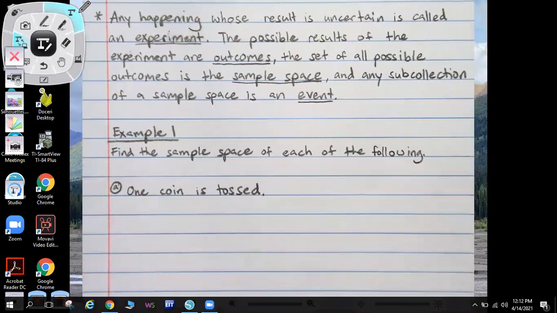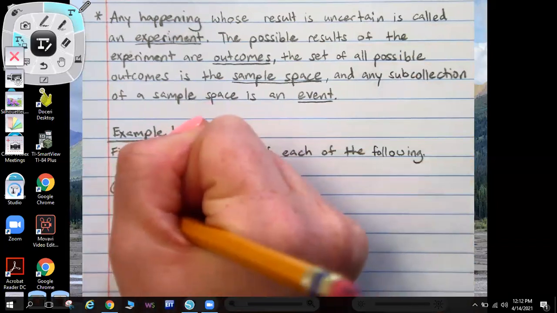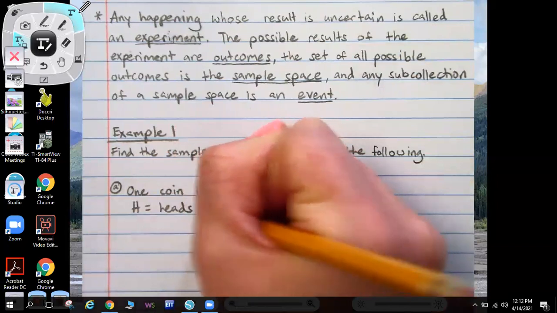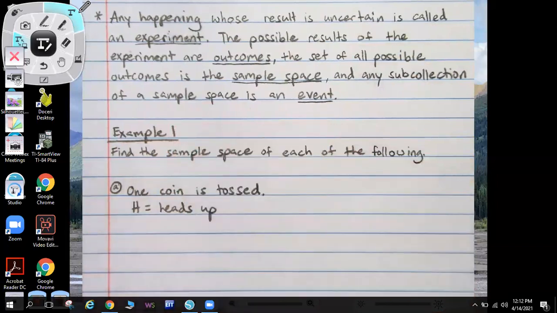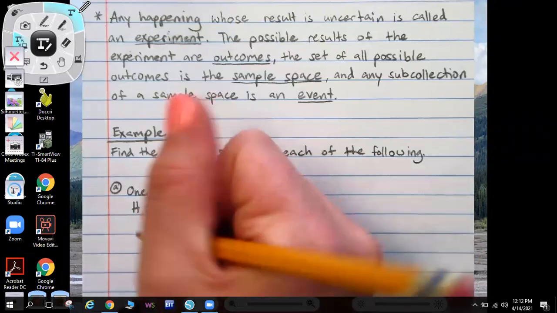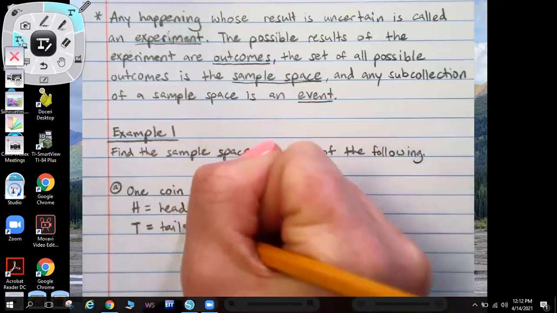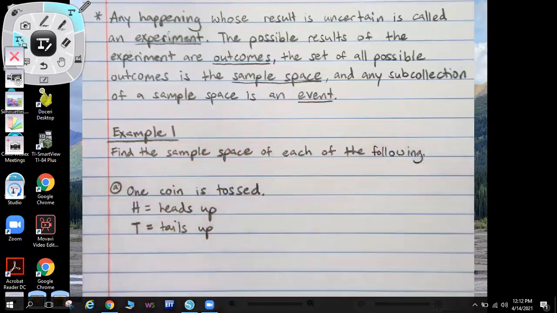And we want to know what the sample space of this is. The sample space is the set of all possible outcomes. Okay, well, the first outcome that we could have when we toss one coin is the coin lands with heads up. We'll call that H, capital H. So then capital T would be the outcome where tails is up when the coin lands.